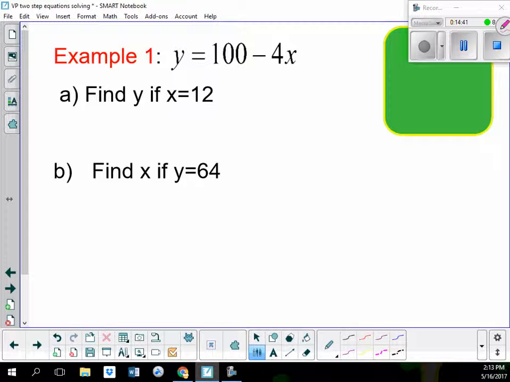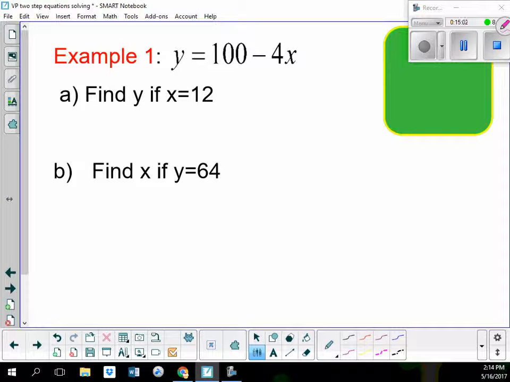So this problem says y is equal to 100 minus 4x. The big thing that we have to remember, and you've been doing this in science, is that we have to balance our equations. So whatever's on one side has to be equal to whatever's on the other side, okay?